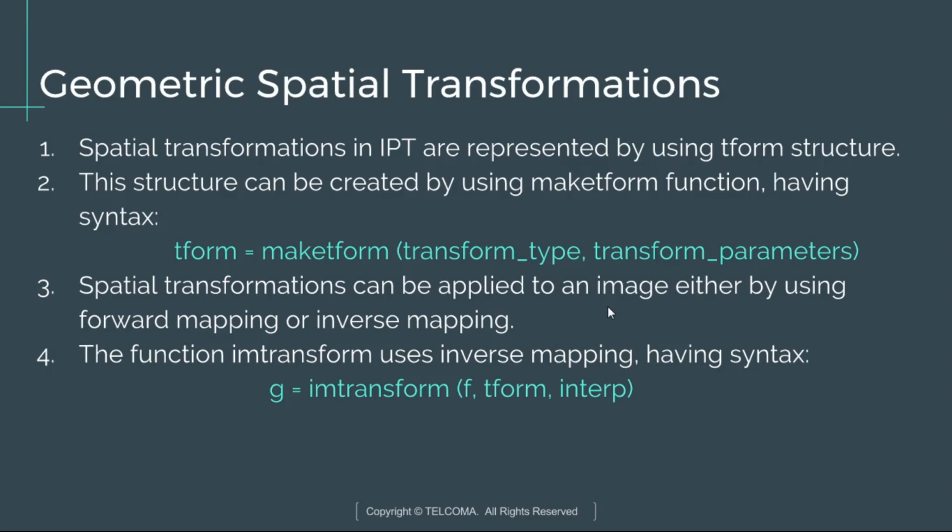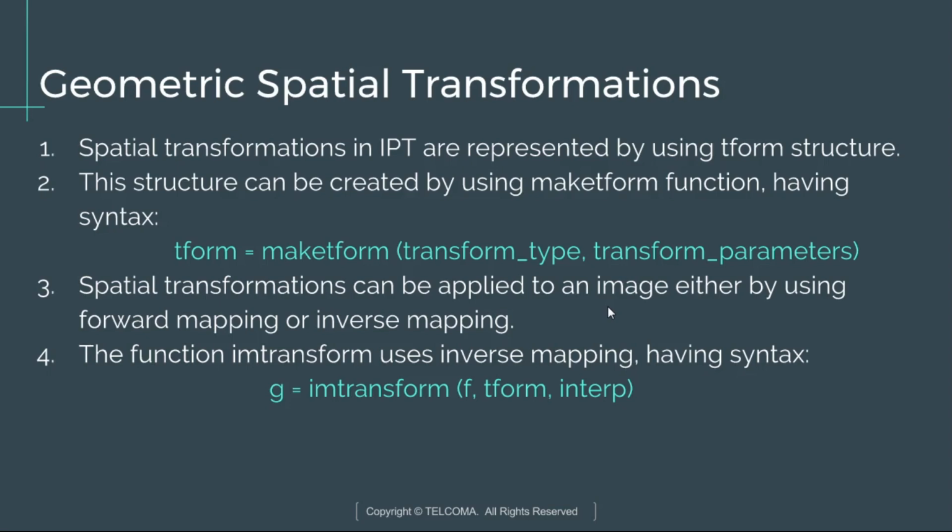The Image Processing Toolbox represents geometric coordinate transformations using a so-called tform structure, which is created using the function maketform. The calling syntax is tform = maketform(transform type, parameters, and so on). The first argument, transform type, is one of the following strings: affine, projective, custom, box, or composite.